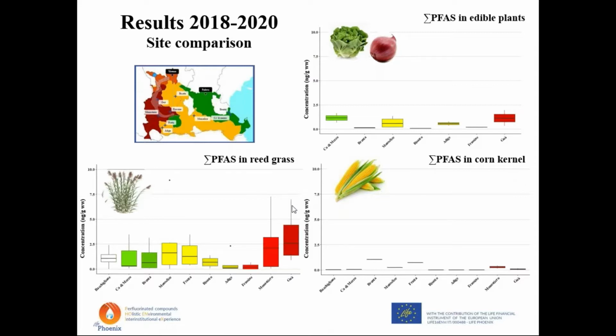Another important result is that in reed grass, concentrations better reflect the classification based on the PFAS pressure.